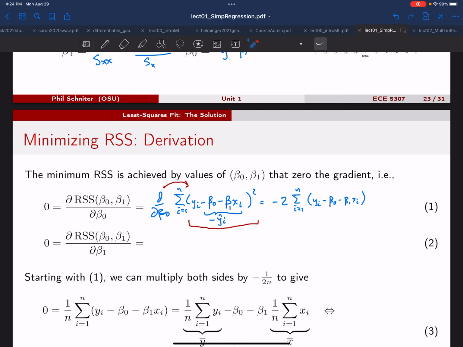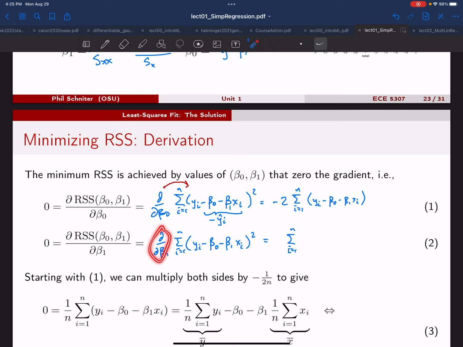Let's do it again for the term below. But now we're going to do it with respect to beta 1. So you have to write everything out again. It's the same, but taking a derivative with respect to beta 1. Let's think about what happens this time. So we're going to have our sum.